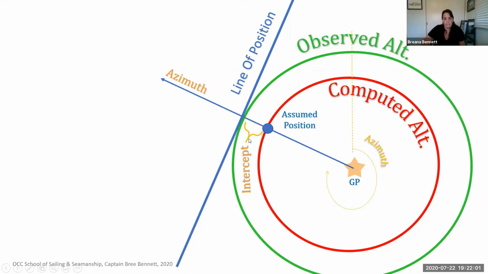And the intercept is the observed altitude versus computed altitude. So that's where our sextant altitude comes in: we change it into what we call an intercept. I don't know why it's called an intercept, and the abbreviation for it is a little a. Neither of those make sense to me, but that's what it is.